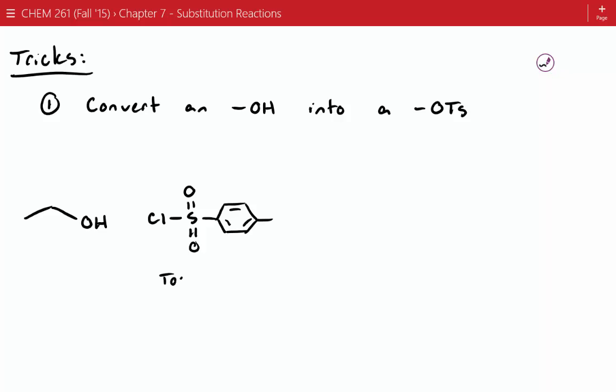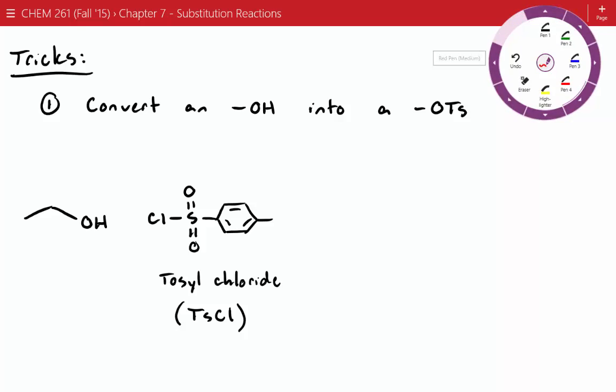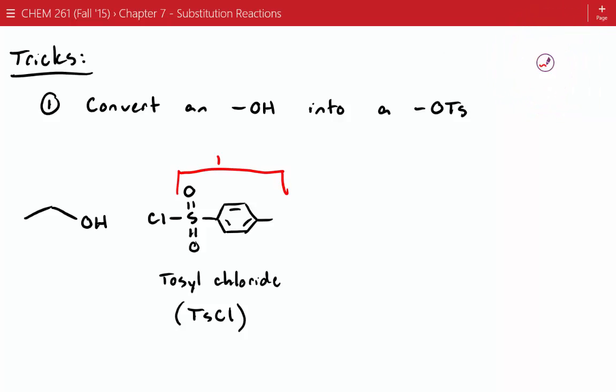This is called tosyl chloride, or people abbreviate it as TsCl. So this whole portion from here over is our tosyl portion. Over here we've got our chloride portion, so it's just tosyl chloride.